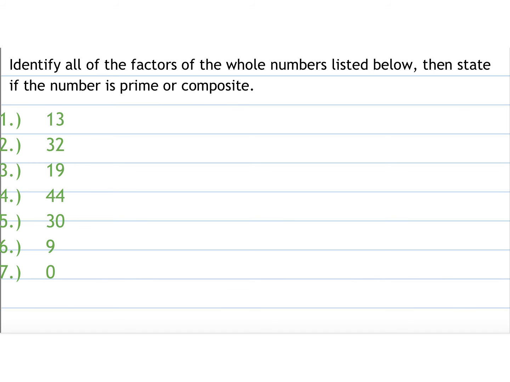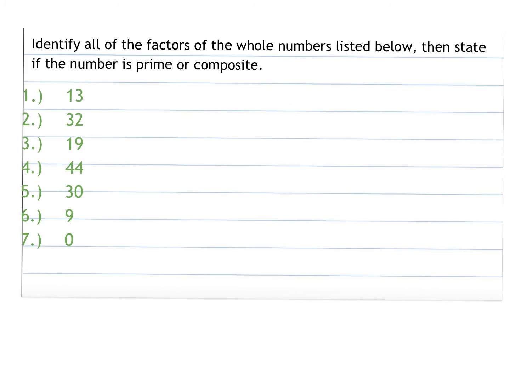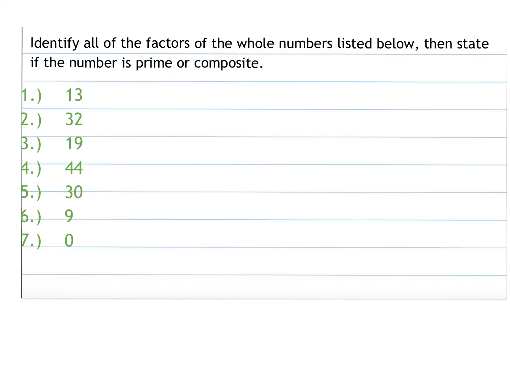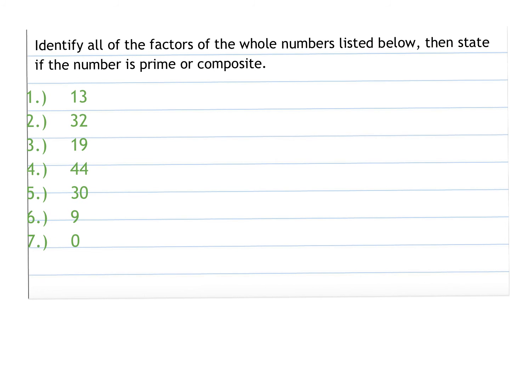All right, identify all the factors of the whole numbers listed below, then state if the number is prime or composite. So if I were you, I would be writing down all 7 of these numbers with the factors that I'm going to list out, and then write if it's prime or composite.